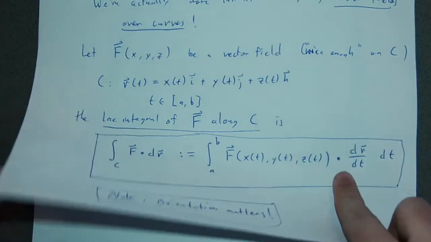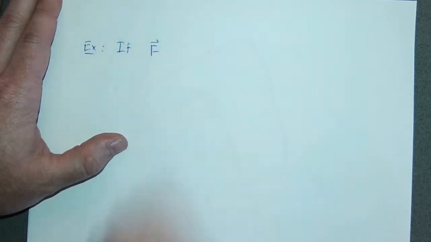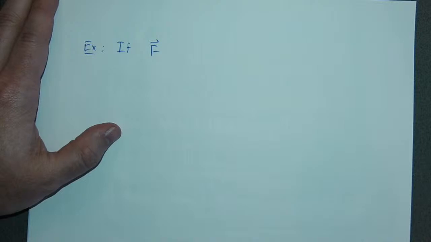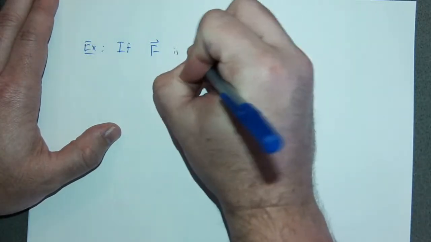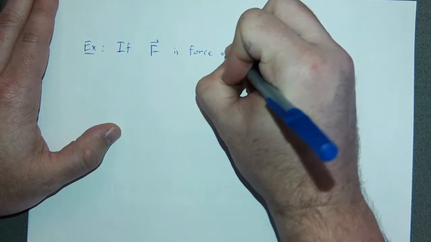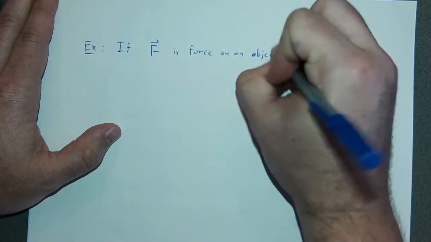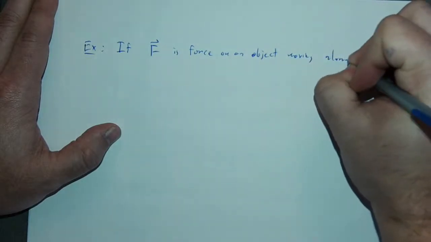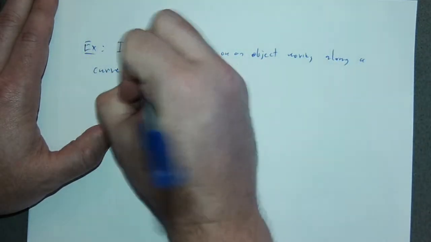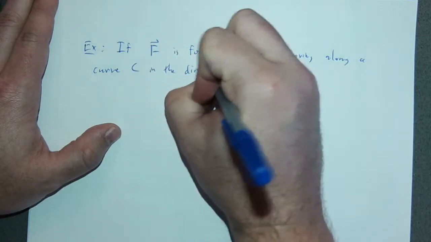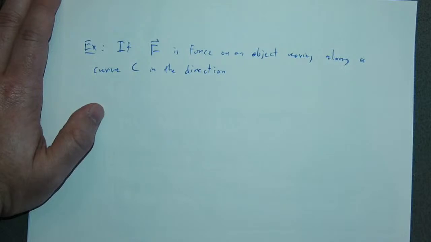Okay, so first of all, I'll probably only have time for a single example, but what does this mean, right? I gave a physical interpretation of what it meant to integrate a function over a curve. What does it mean to integrate a vector field over a curve? Well, here's an example. If my vector field F is force on an object moving along a curve C in the direction of motion.